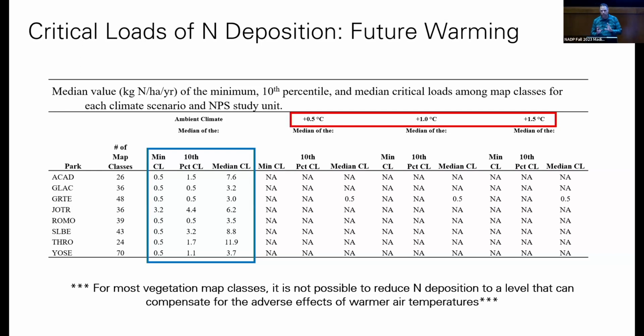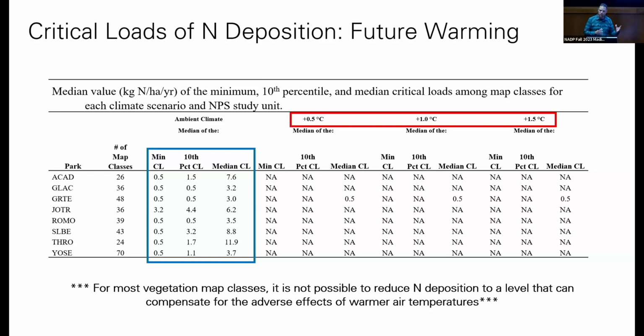And this is where it gets a little complicated and where that maximum occurrence probability becomes important. We specified the critical load biological endpoint to be the maximum occurrence probability for a species under current climate conditions.